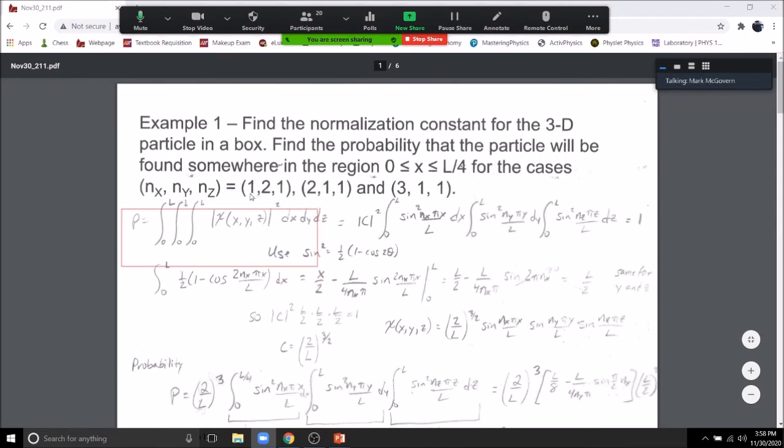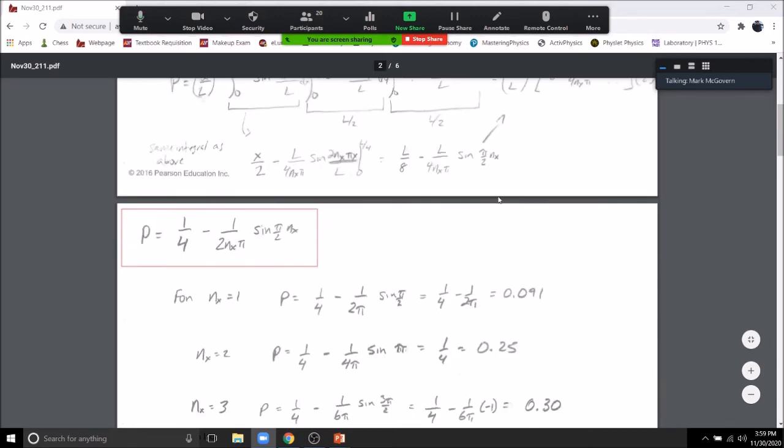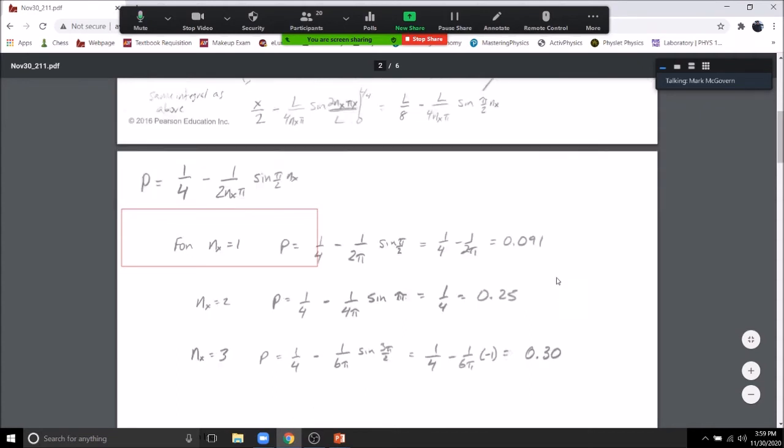So we see here that we have a quantum number for x that's 1, 2, and 3. The fact that the other quantum numbers may be different doesn't play into this at all. So I simply plug in to this equation here, quantum number 1, 2, and 3. And we find that for quantum number 1, we don't have a huge probability, about 10%, which makes a lot of sense.